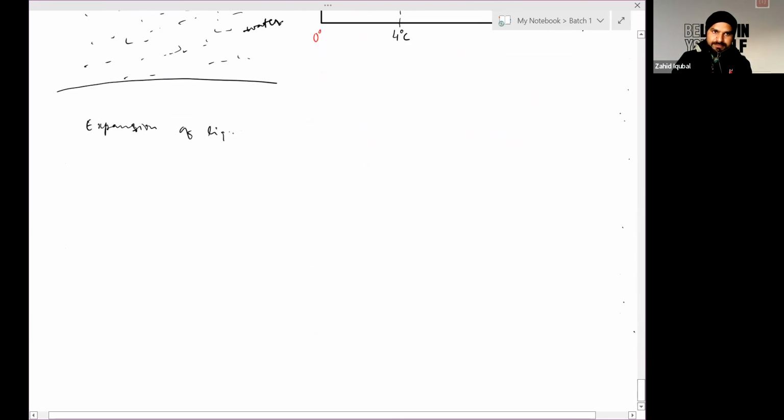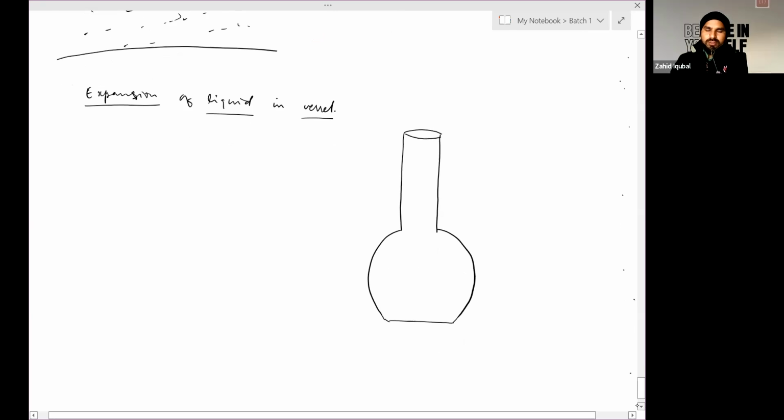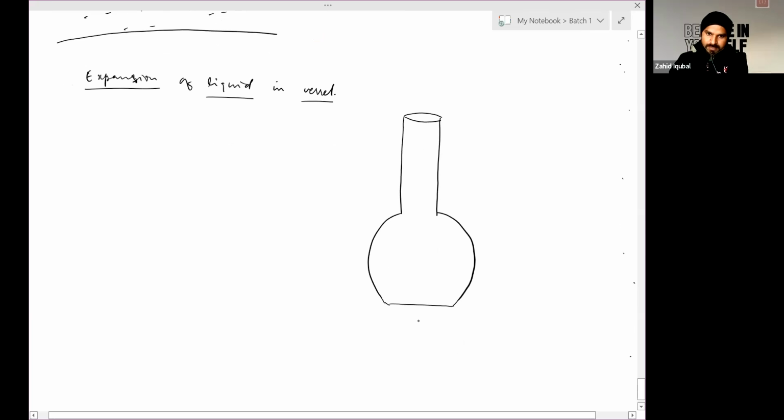Suppose a vessel in the shape of this, or you may take some other shape as well.